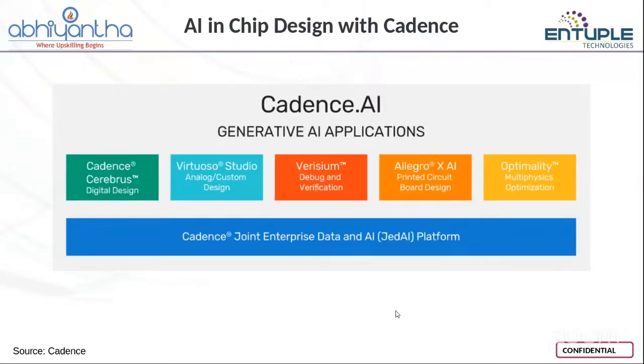Recently we have also introduced Verisium for debug and verification. For front-end verification, most of the time in the entire IC design is spent on the verification side, and this will be automated with the help of the tool called Verisium. Coming to the PCB side, once these designs are completed, we need a PCB.